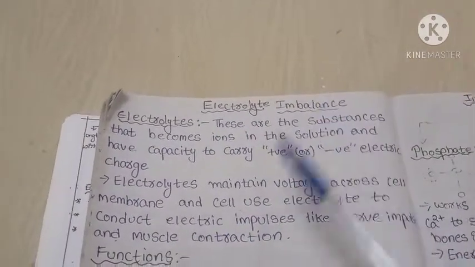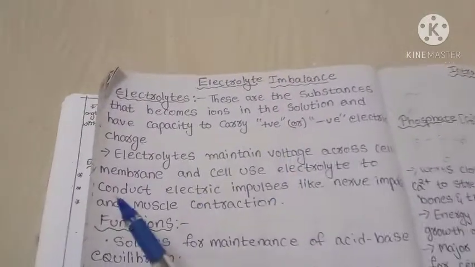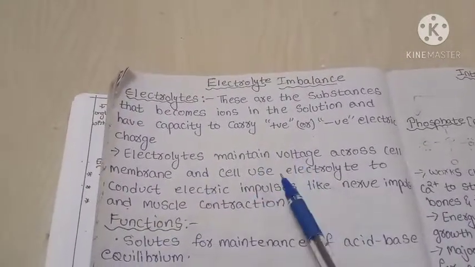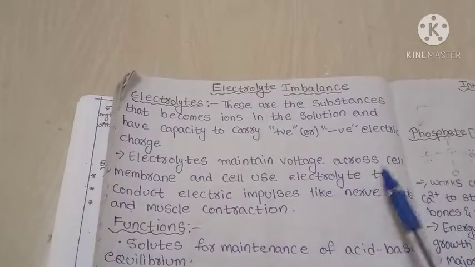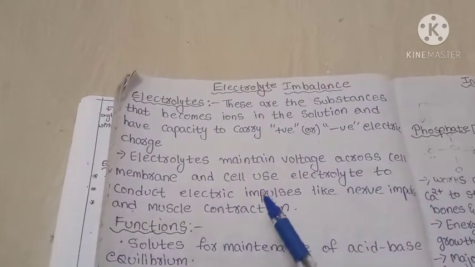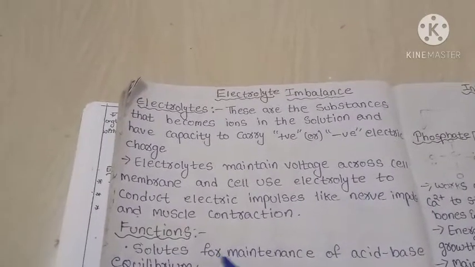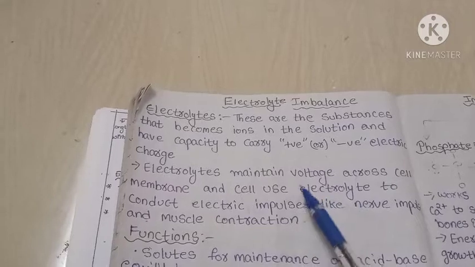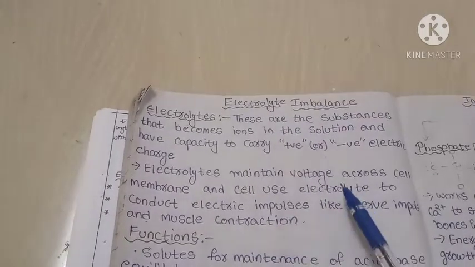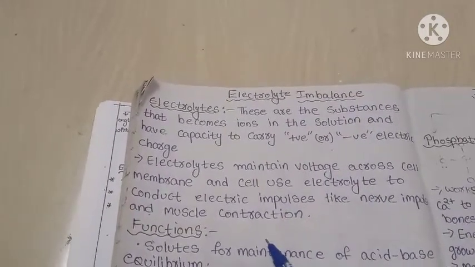What is the main function of electrolytes? Electrolytes maintain voltage across the cell membrane, and the cell uses electrolytes to conduct electric impulses like nerve impulses and muscle contractions.